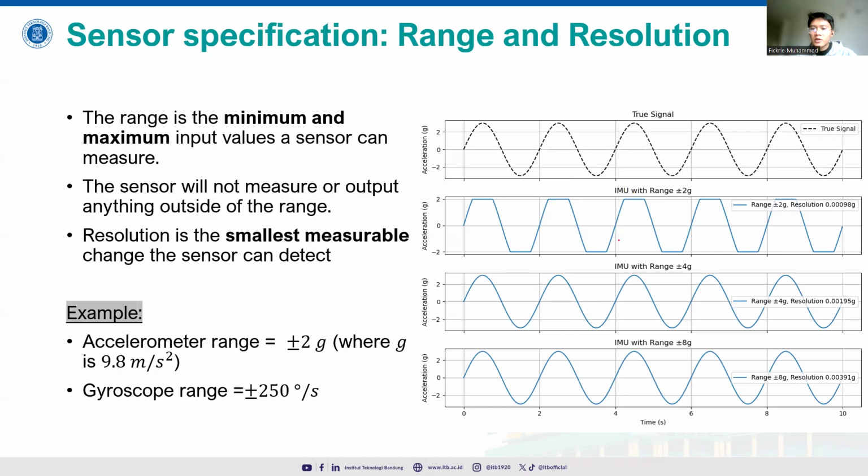You can see here that with lower range and lower resolution, it might affect how our data looks. Our data will look more seamless if we have larger resolution, of course, and also larger range. Larger resolution really matters.